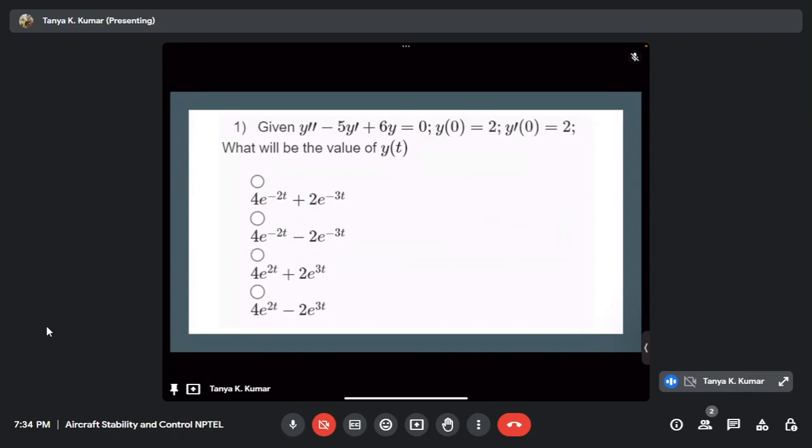I'll give you maybe a couple of minutes to solve this and then we'll solve it. I think it's similar to your assignment question, so it will be helpful. I think you've already solved these assignments, so it should be simple for you.